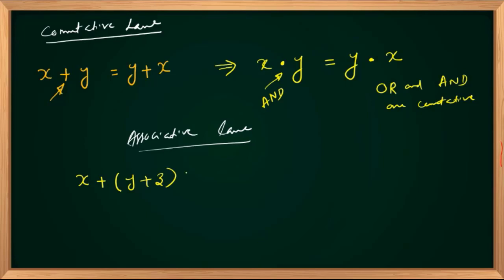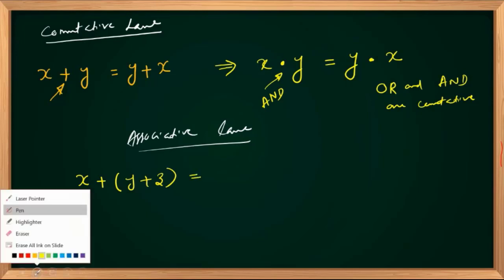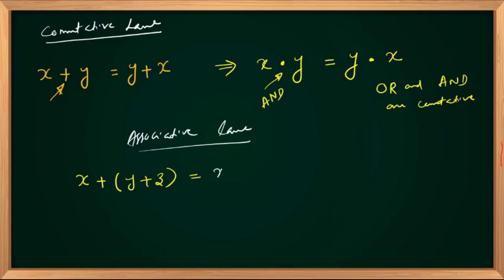That is the same as first taking the OR of x and y, then OR with z. If this is satisfied, then the associative property is satisfied.